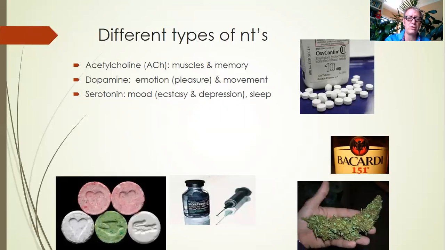Serotonin is another neurotransmitter that's critical. Most antidepressant drugs work with serotonin. So the research evidence has been that for severe depression, you're not having enough serotonin being released into the synapse. And so drugs like Prozac will shut down reuptake for serotonin.